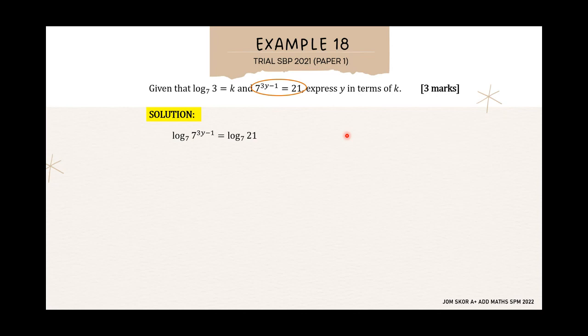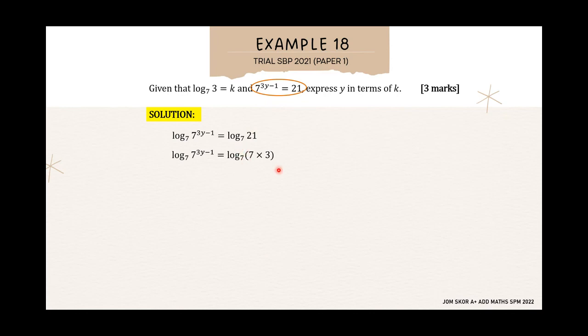Okay, right. Next, kita dapat log 7 to the power of 3y minus 1 base 7. Sama juga dengan 21 tadi, kita tukarkan kepada 7 darab dengan 3. Kenapa teacher? Sebab kita nampak kita gunakan base 7 kan? So, ingat bila log 7 base 7 kita akan dapat 1.